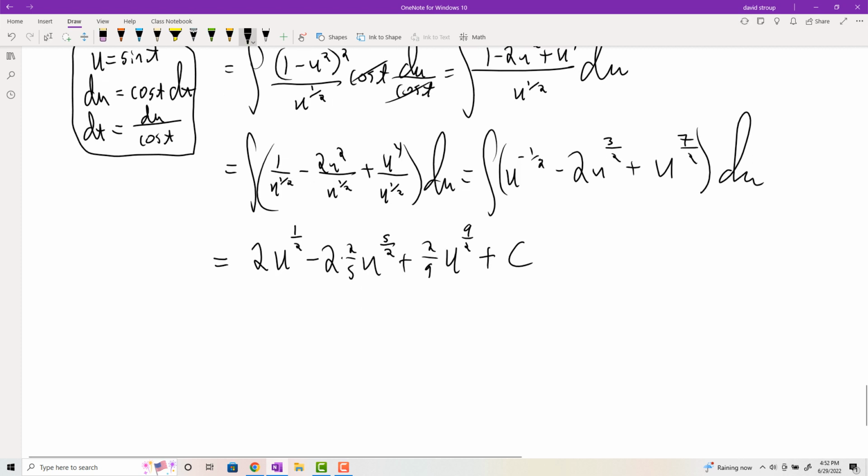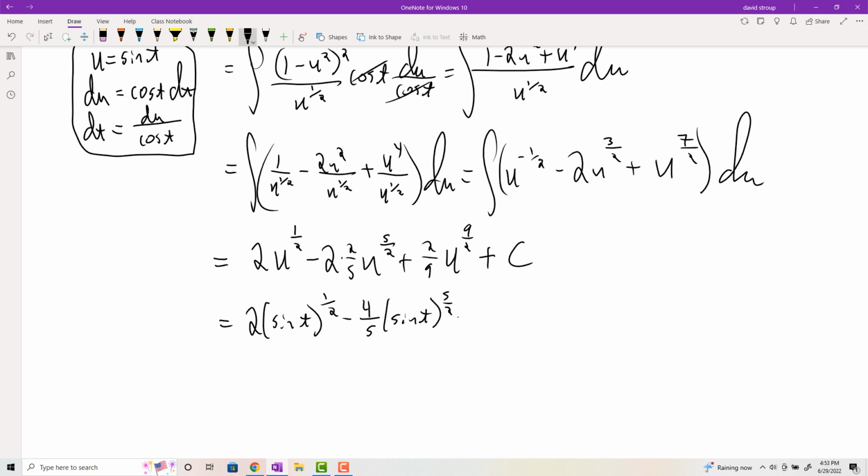So you got to plug sine t back in, which is relatively painless. And there we have it.